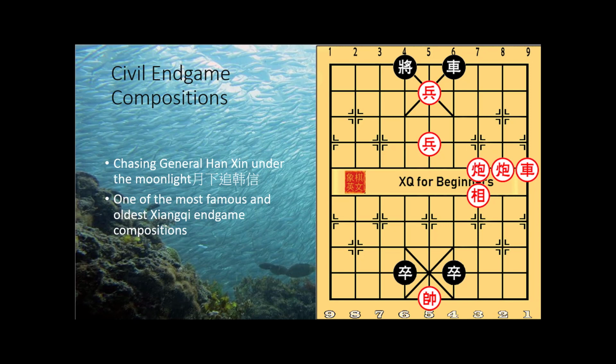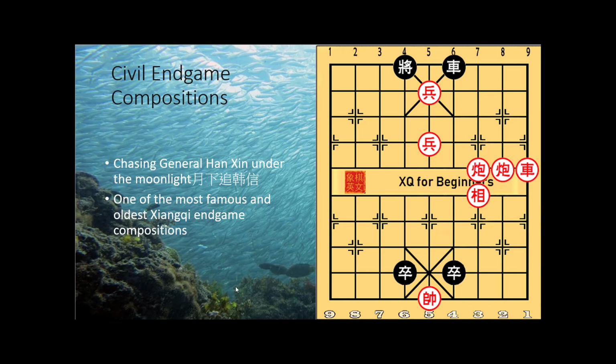Before we continue with the 4 greatest endgame compositions, an example of a civil endgame composition that has been passed on and is very highly popular would be Chasing General Han Xin Under the Moonlight.